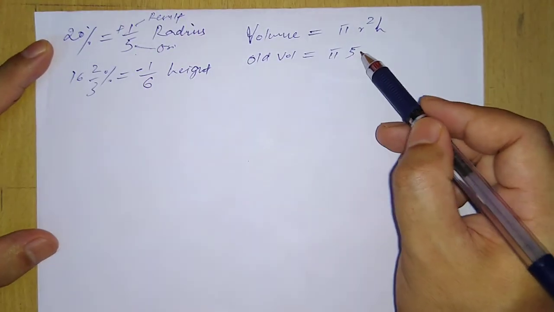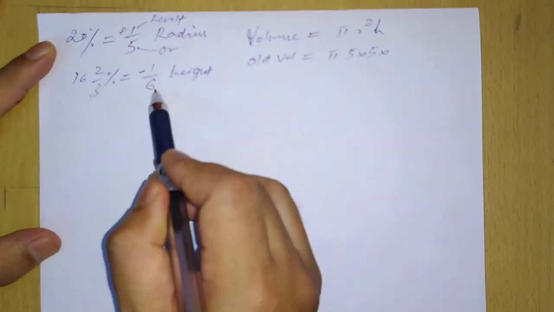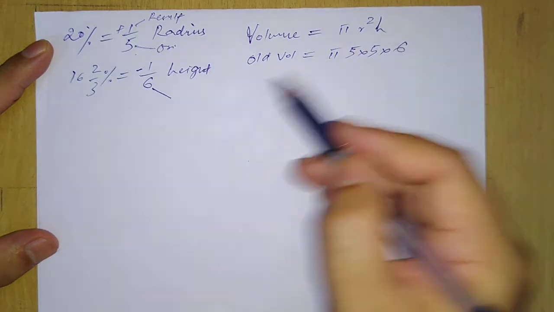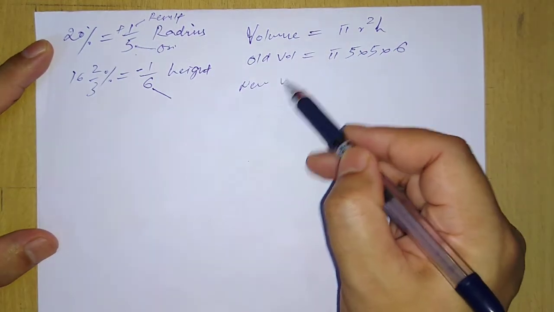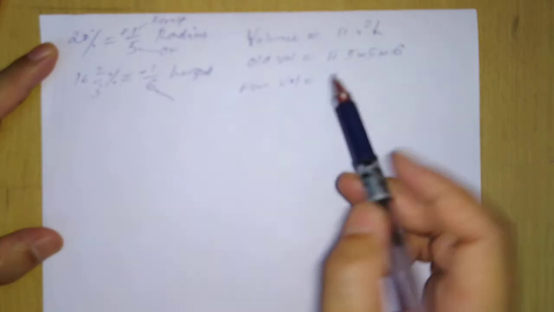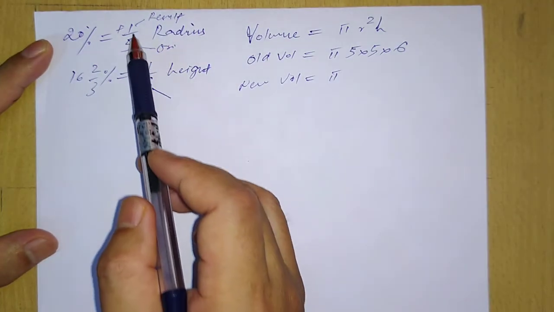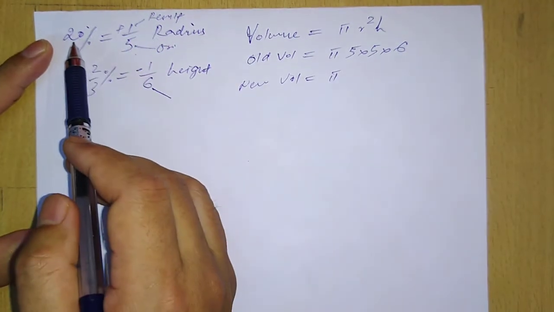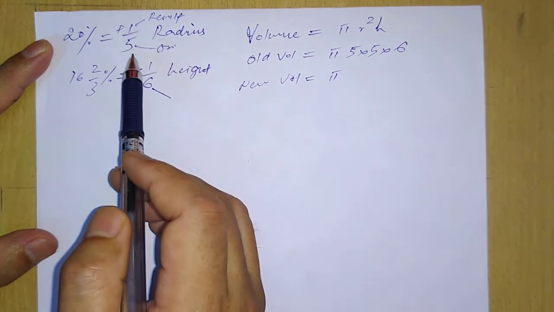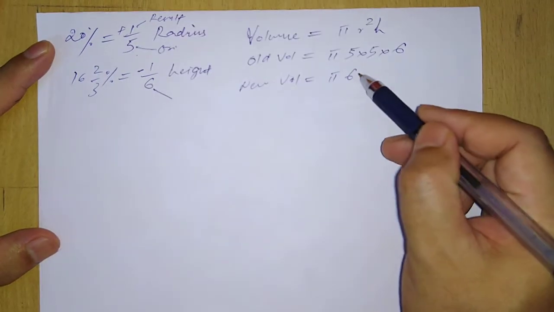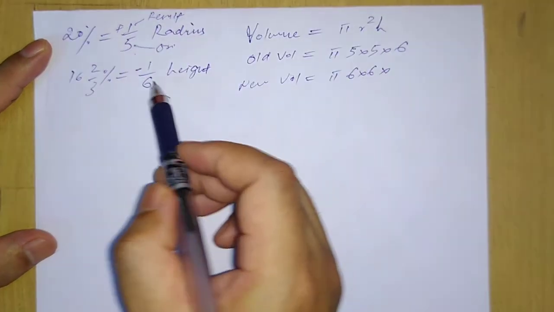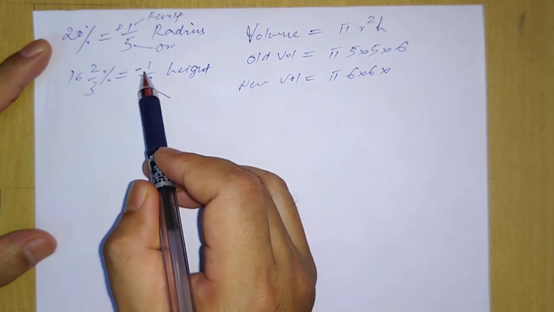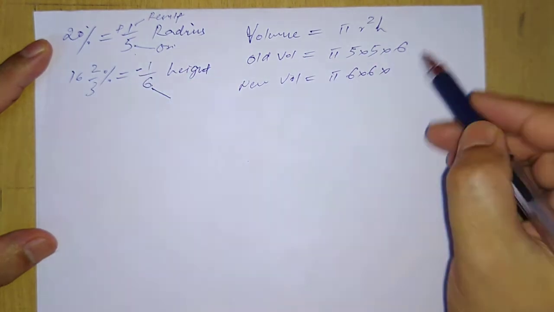So r square, 5 into 5, and this is the original height 6. Now the new volume is how much? Radius has been increased, so 1 has been increased, so 5 plus 1 is 6. 6 into 6 into height is, now height has been decreased by 1, so 6 minus 1 is 5.